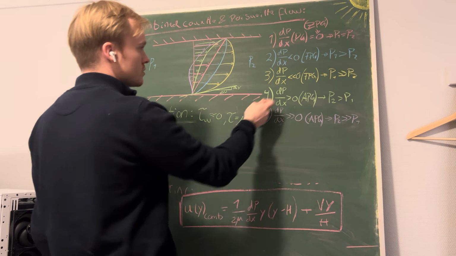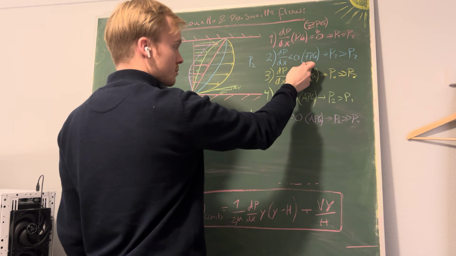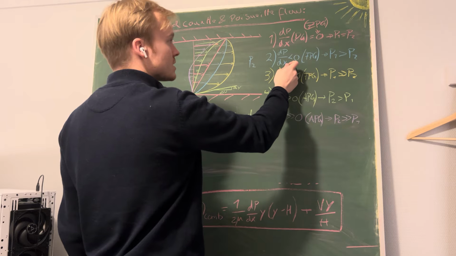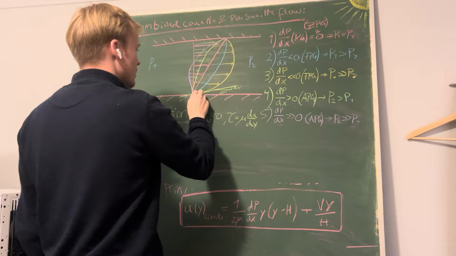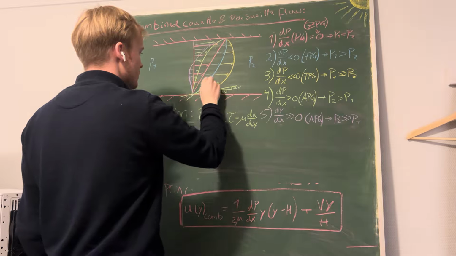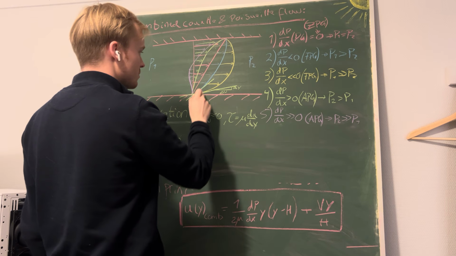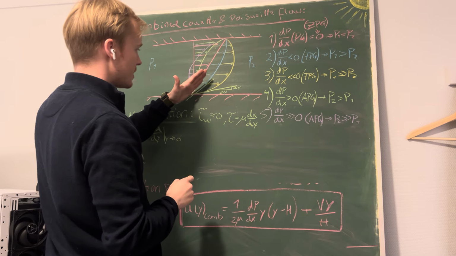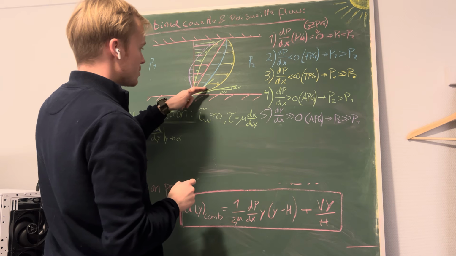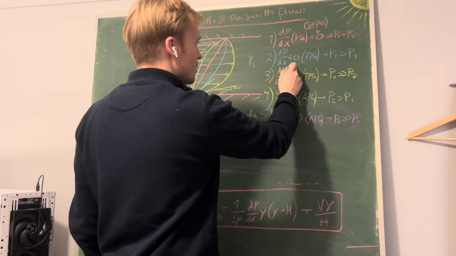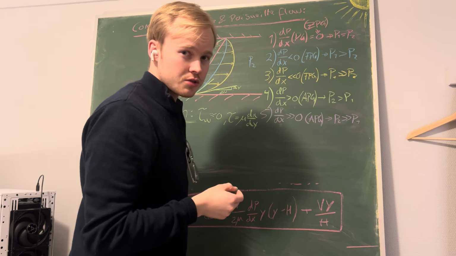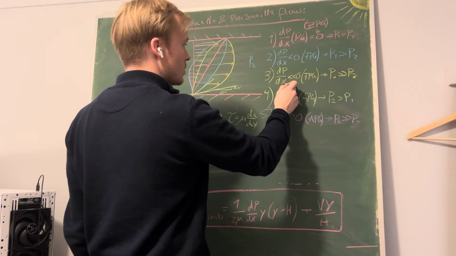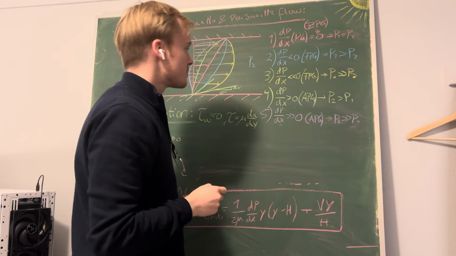Comparing to this blue one, where we said that we have a favorable pressure gradient but it's smaller than 0, we have a velocity gradient there as well, but that one is not as steep as this one. So the blue one, where dP/dx is less than 0, has some shear stress, but it doesn't have as much as when we increase the pressure gradient.